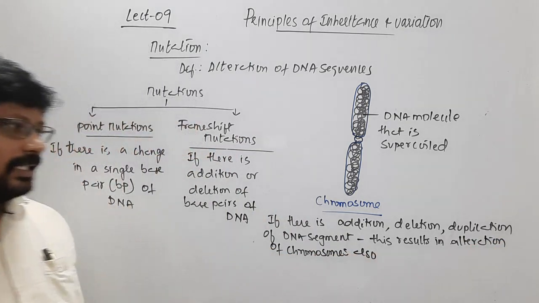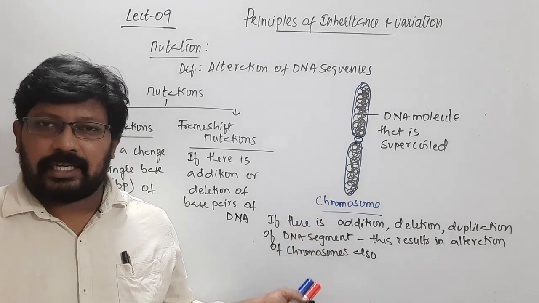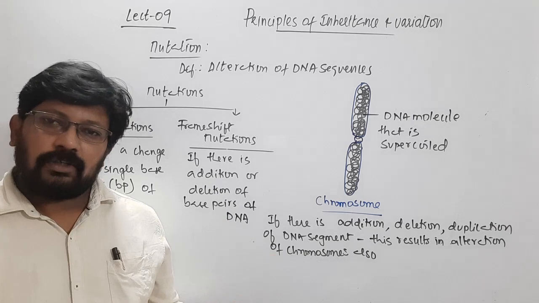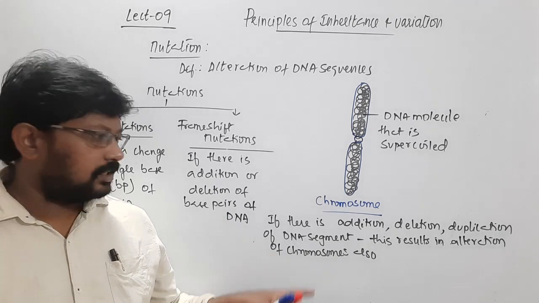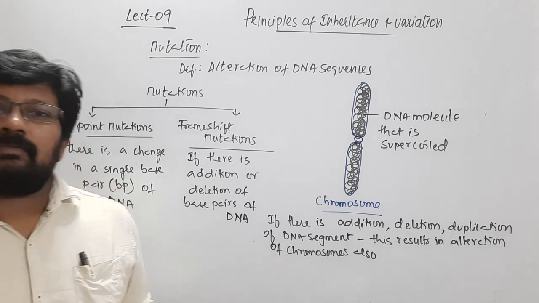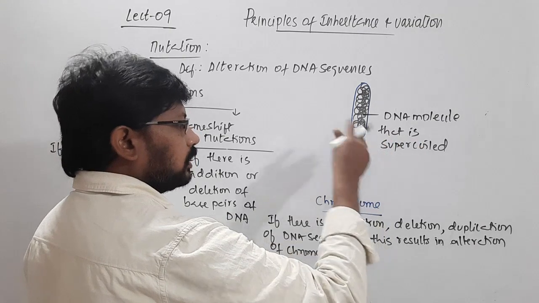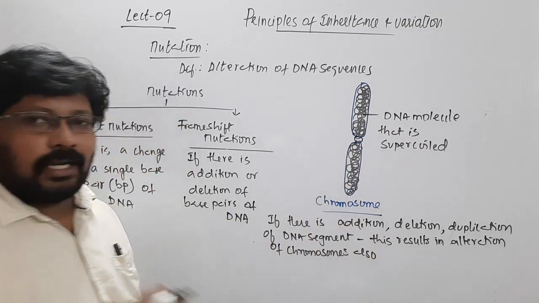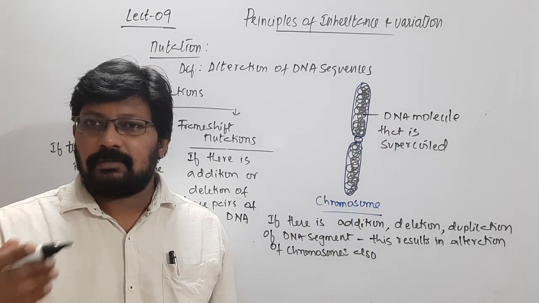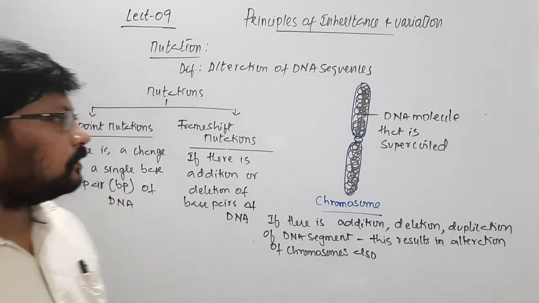So you can see that there is an alteration of DNA. If there is an alteration of DNA, then we will also see the same alteration in the chromosome, because I told you the chromosome is made up of a DNA molecule. A chromosome is nothing but a highly coiled DNA molecule that extends from one point of the chromosome to the other point.